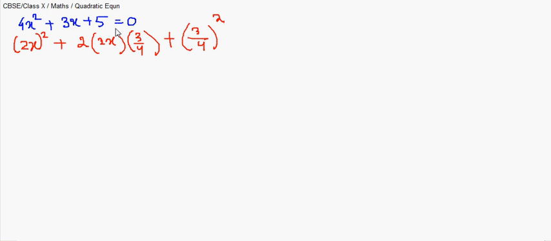So if I want to keep this 5 as it is, I simply subtract 3 by 4 whole square from it. Or resultantly what you do is you subtract 9 by 16, that's giving you 16 into 5 gives me 80. 80 minus 9 is 71.